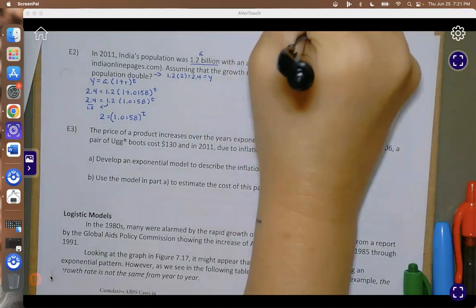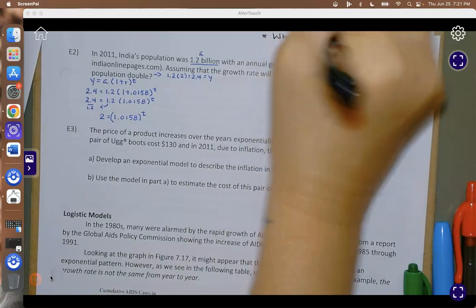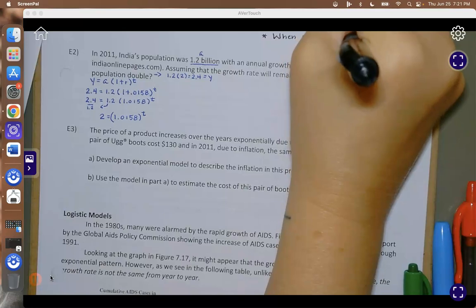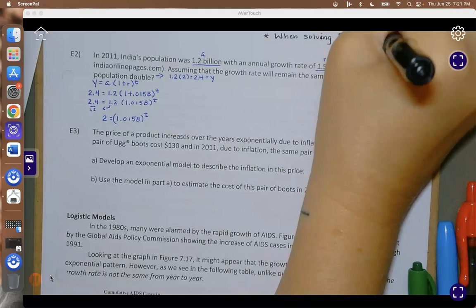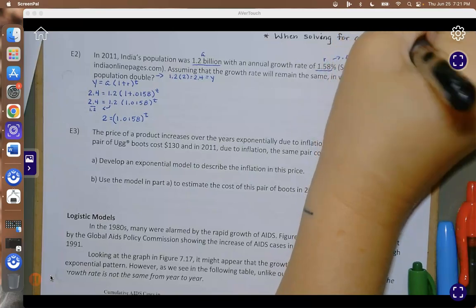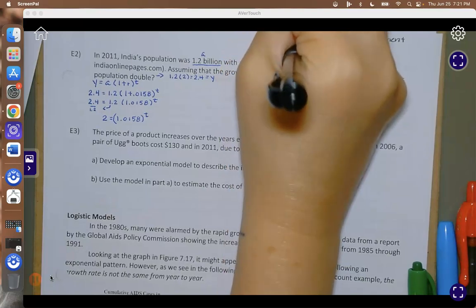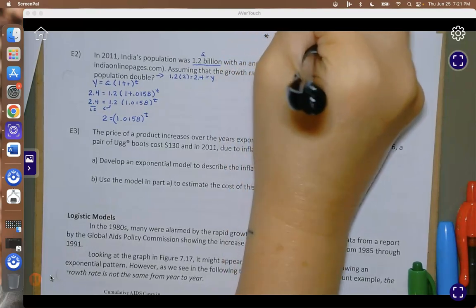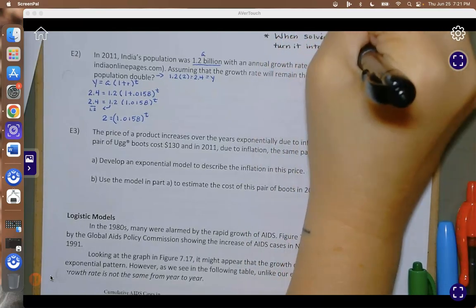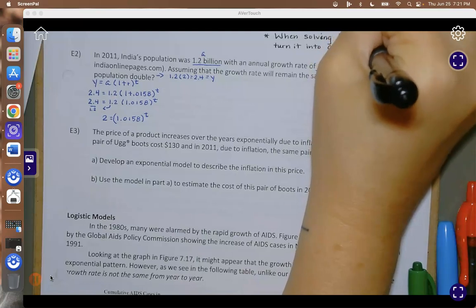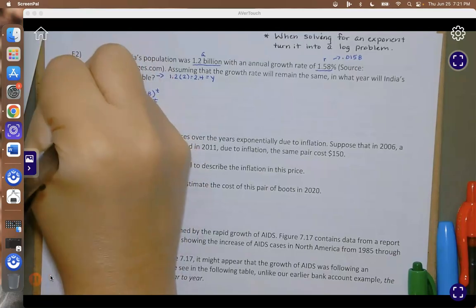When solving for an exponent, turn it into a log problem. Okay, so I'm going to put a little star here.